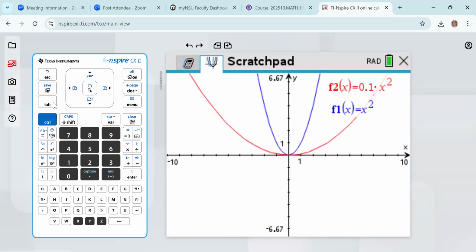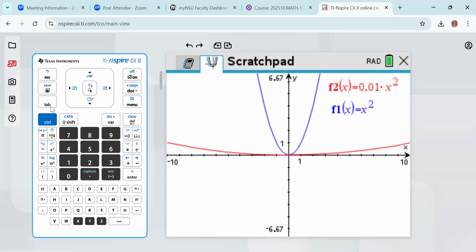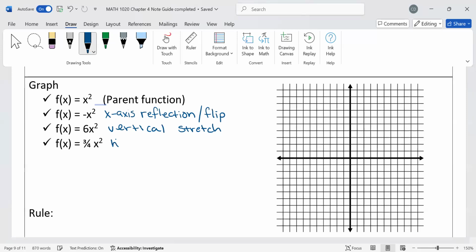It's 1/10. See how it's getting wider? So the smaller the number is out front that's less than 1, it's getting wider. That is a horizontal compression.